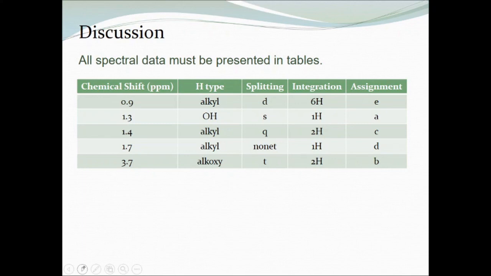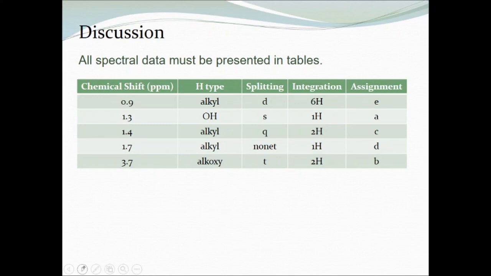For the NMR, you're going to have 5 columns. The first is the chemical shift. The next one is the type of hydrogen. For the alcohols, it'll be one of 3 things. It's either going to be alkyl, which is just an ordinary CH, or it's the OH from the alcohol, or it is the alkoxy.